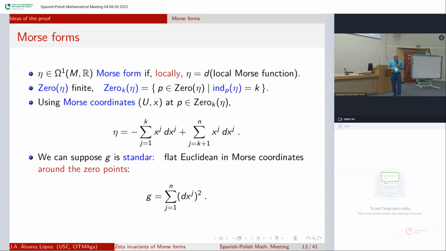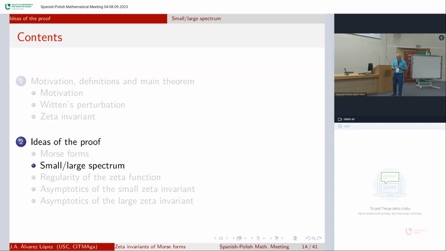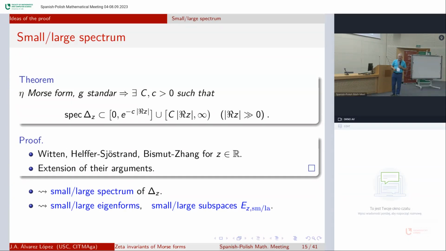And we can suppose that the metric is standard, which means that it is flat Euclidean with respect to Morse coordinates around the zero points. So we have this expression around the zero points.